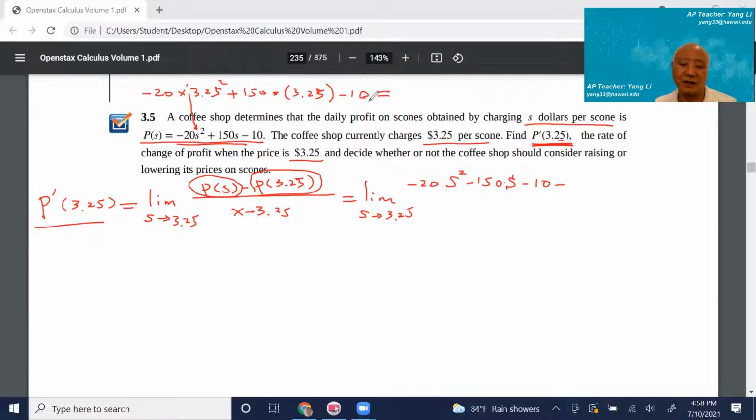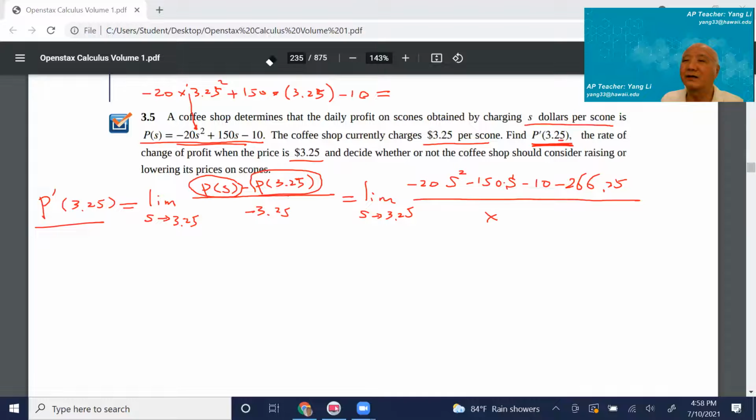So you key in like this, negative 20 times 3.25 squared and then plus 150 times 3.25 and then minus 10, you will get this price is this 266.25, right?